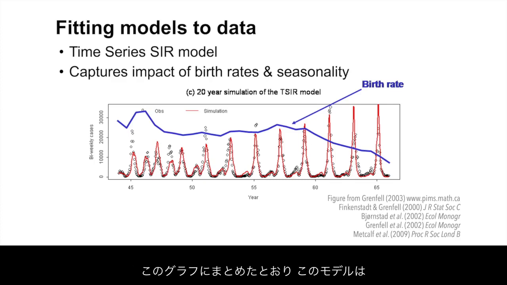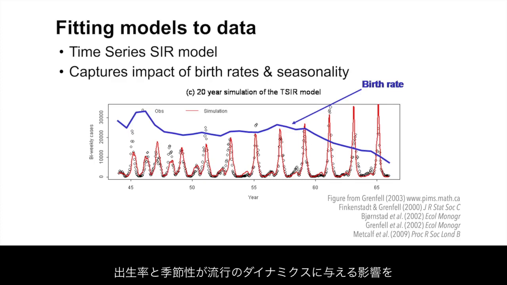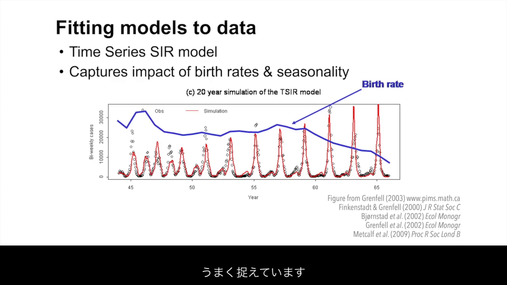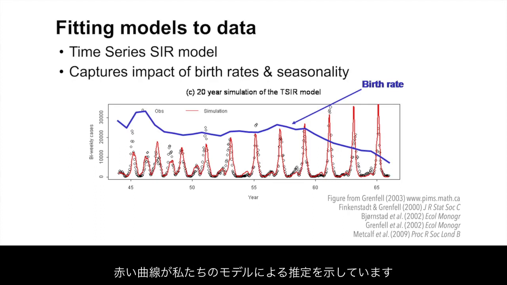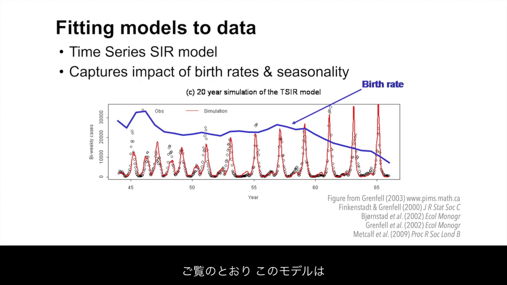This model captures the impact of birth rate and seasonality on epidemic dynamics, as summarized in this graph. Here, the open circles show data for London, and the red curve shows what's projected by our model. As you can see, the model captures much of the variation in the data. In particular, there were annual cycles immediately after the Second World War, when birth rates were high.